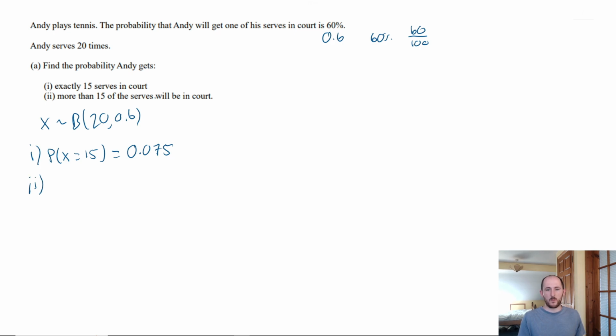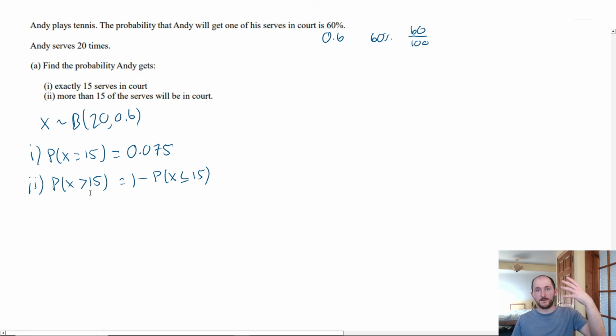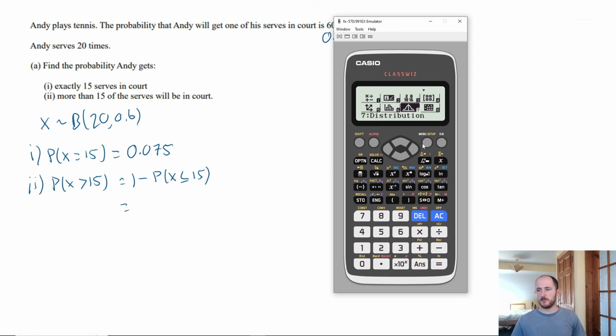So we want the probability that x is greater than 15. So once again, using your number line, hopefully you can see that would be 1 minus the probability of getting less than or equal to 15. Okay? So we want the probability of getting more than 15 serves, so we take 15 and below and get rid of it, which is exactly what that says. Now, of course, we need to change to the cumulative distribution.